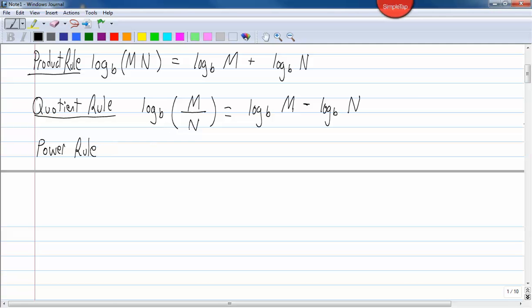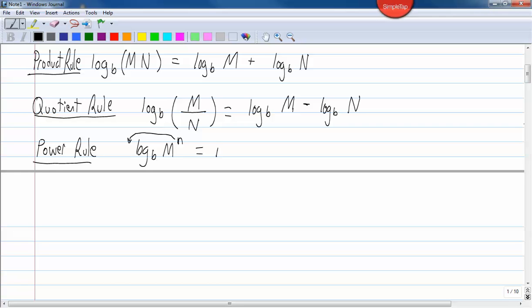The power rule makes logarithms really, really powerful, no pun intended, because if you have log base b of m to the n power, then because of the way logarithms change over to the exponential function, they allow us to take the power and move it in front.